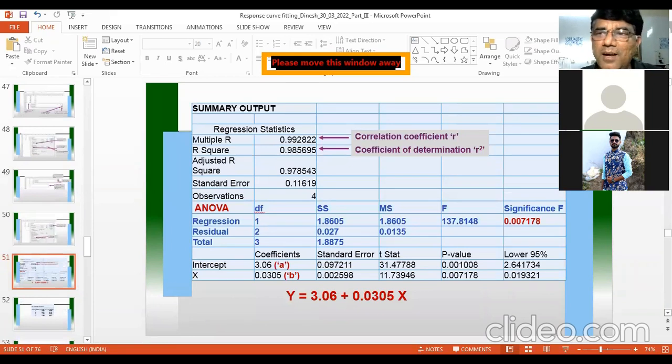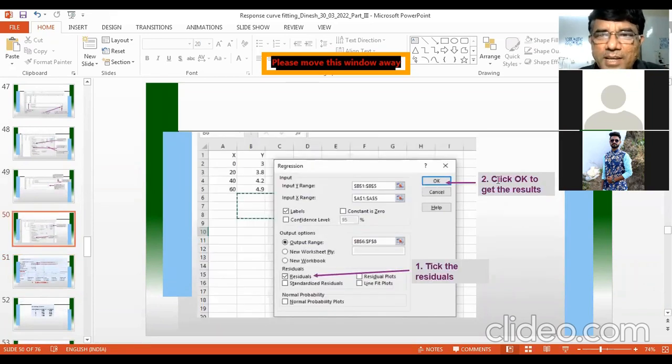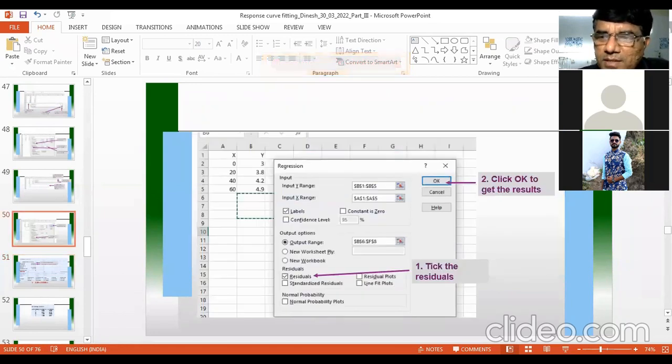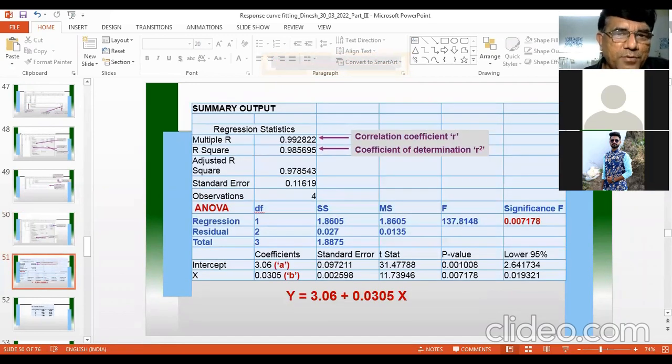Now when you click OK, it will give you the result. I just copied this from the Excel file and colored it to help you understand. Such results will be there in the Excel, and from this we can make the equation.